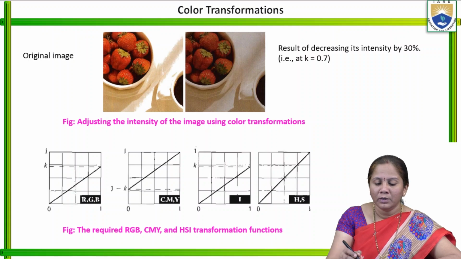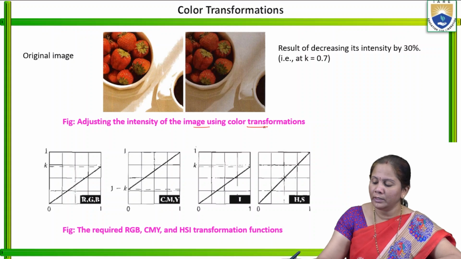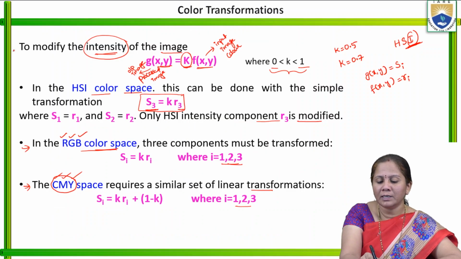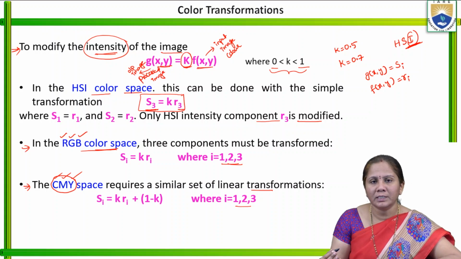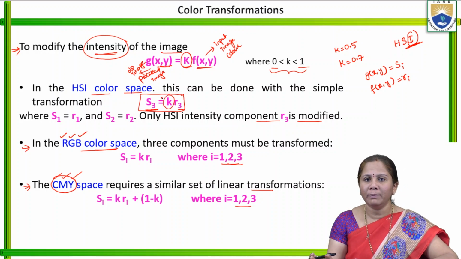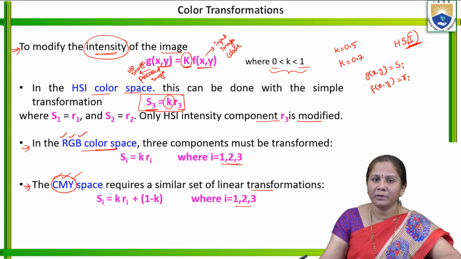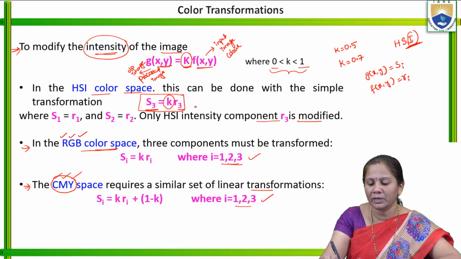Now, adjusting the intensity of the image using color transformation. In the previous slide, we discussed how to modify the intensity. Now, after modifying the intensity based on the value of K, how does the output image look? Some example figures are given with respect to different color models.